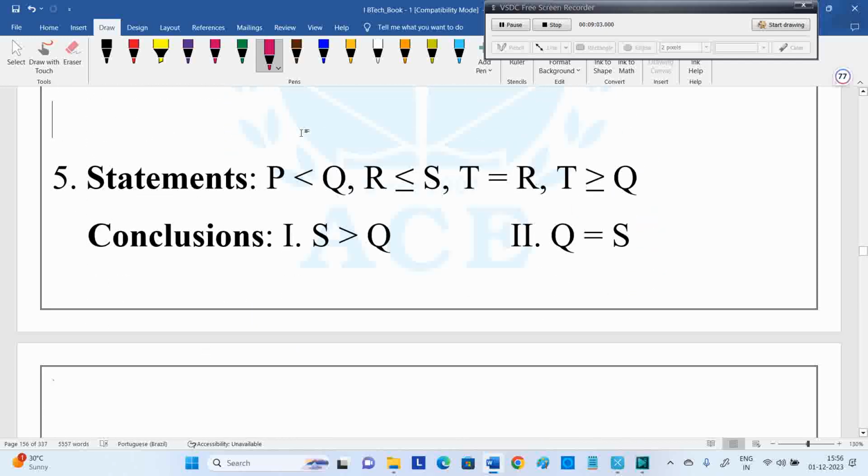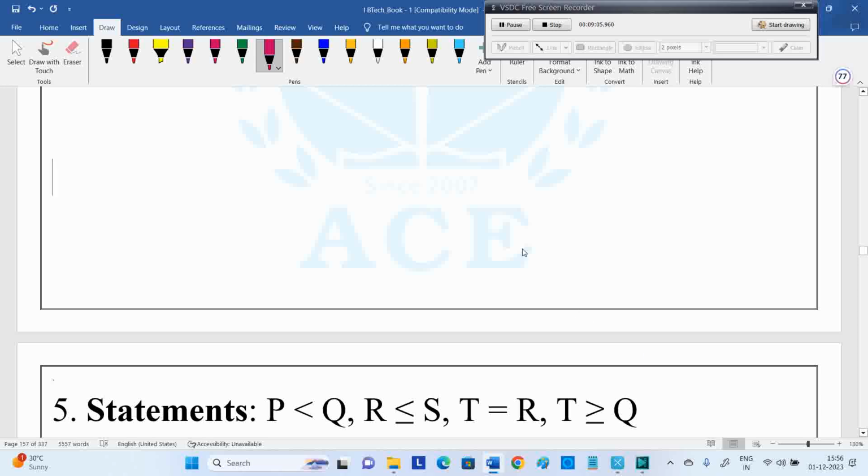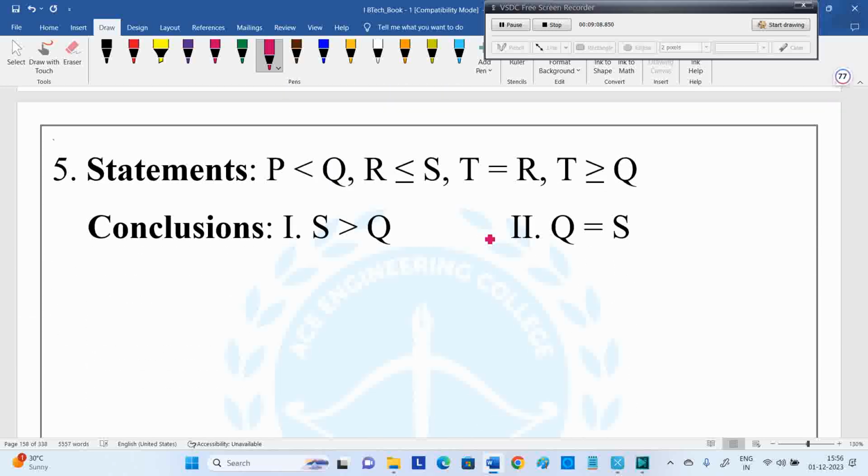See this next one. S greater than Q means nothing but Q less than S. Just I am helping you here with one small change in the conclusion. S greater than Q, I am writing as Q less than S. Now both conclusions are related to Q and S. So here if you observe P less than Q, now you have to take some steps to make it into a single equation.